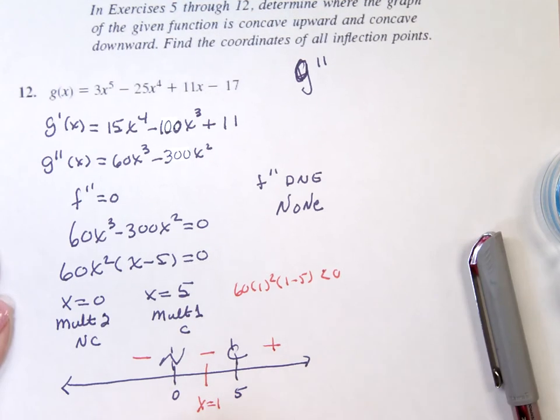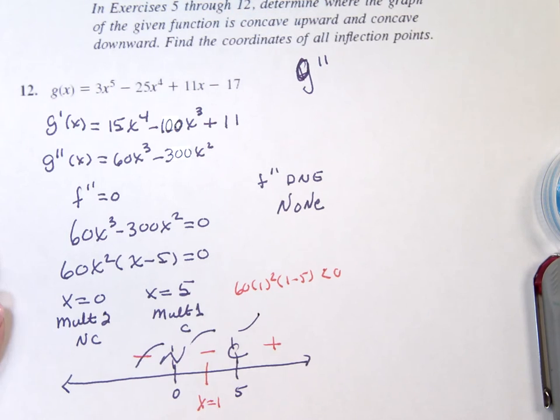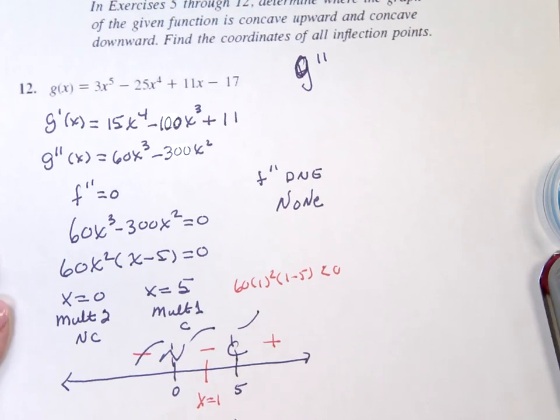So it's concave down from minus infinity to 5, concave up from 5 to infinity, and that says concave down followed by concave down. It continues to be concave down, then it moves to concave up. So you have that inflection point there. So inflection at 5 something, and they want us to do that calculation.